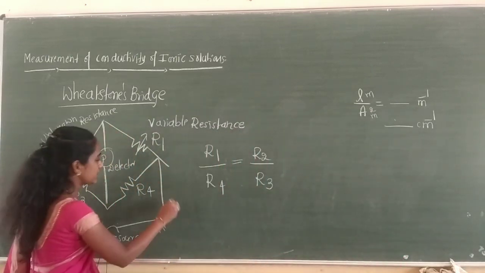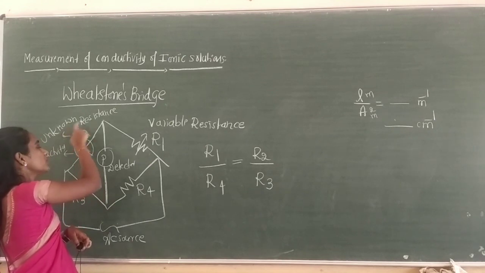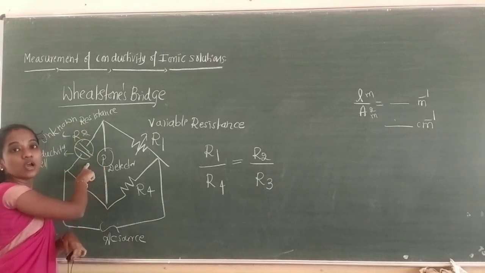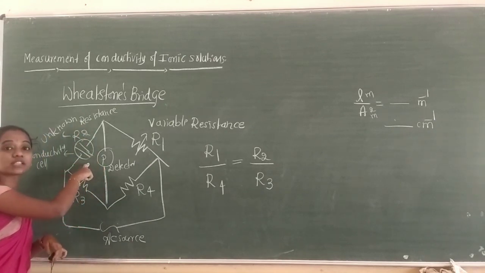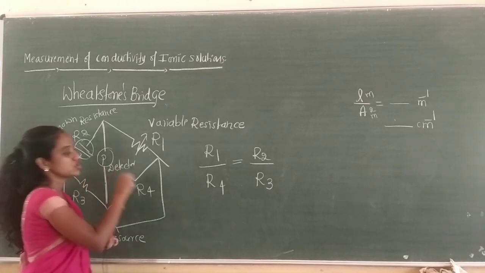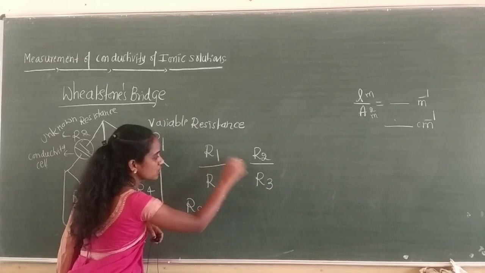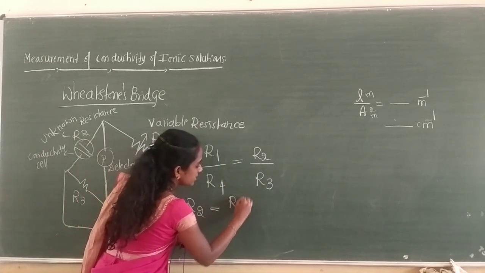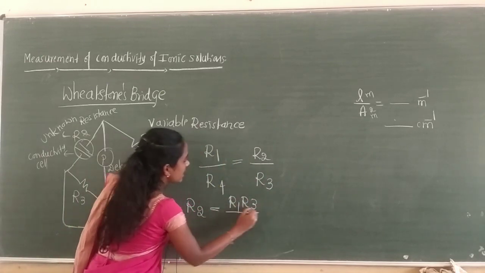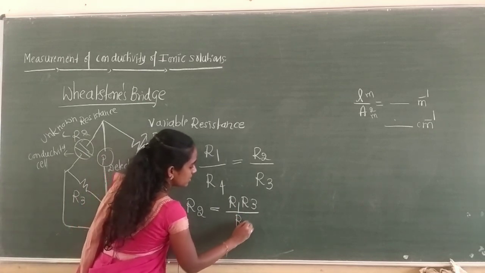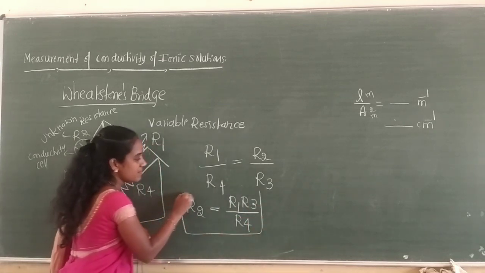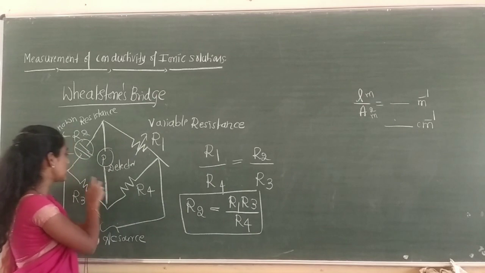We need R2 because it is an unknown resistance, where we took the conductivity cell. Inside the conductivity cell we have a solution, so we can write R2. What is R2? R2 is equal to R1 into R3 divided by R4. So in this way we can measure the resistance of the solution.